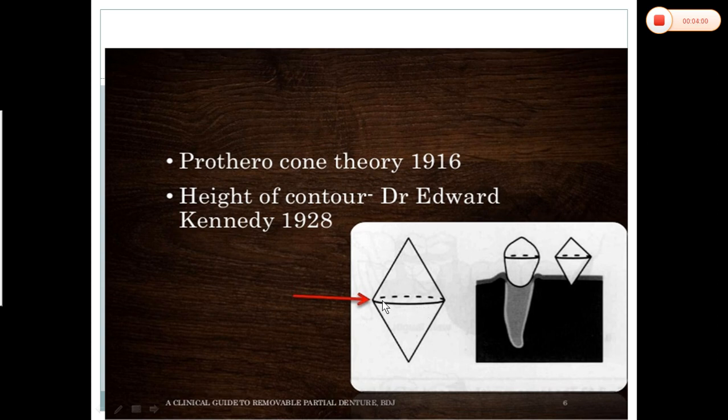You know what a cone is: a cone consists of a base and a tip. These premolars and molars he compared to two cones, an upper cone and a lower cone.